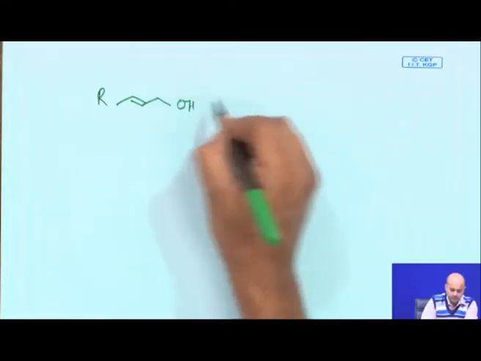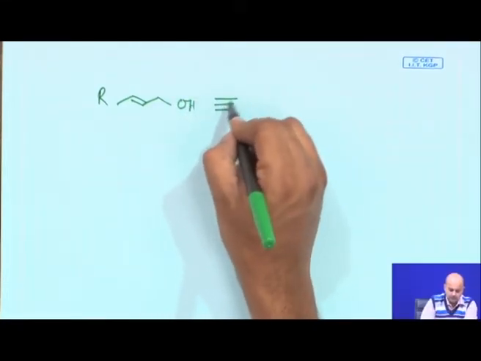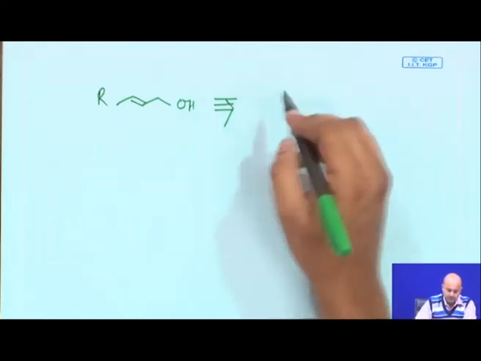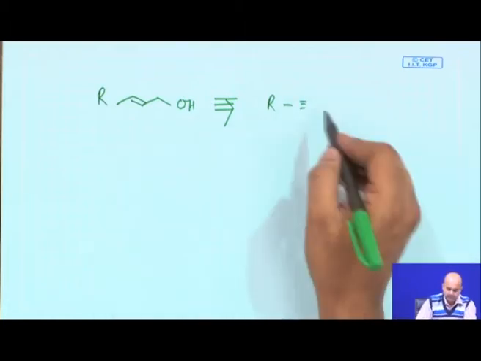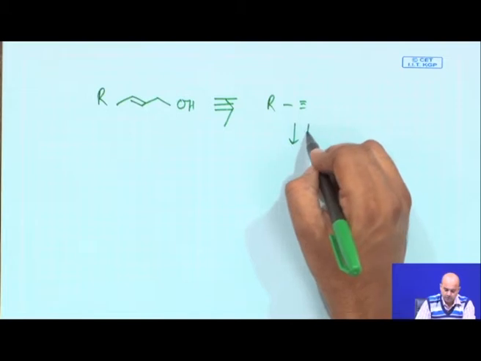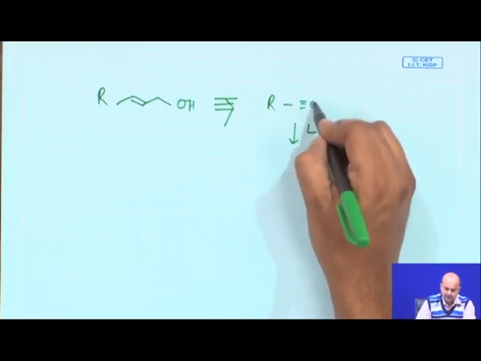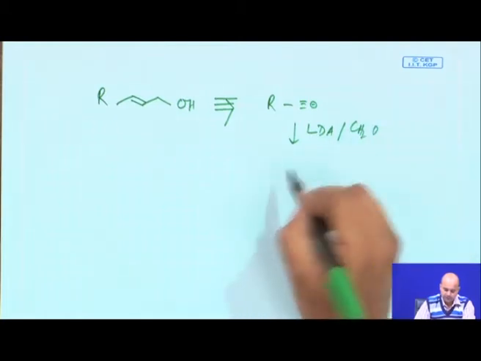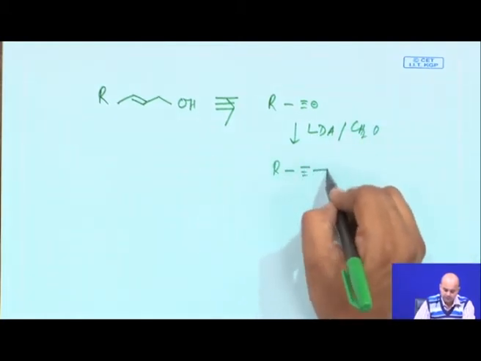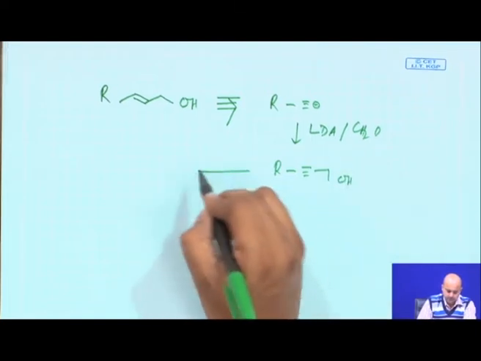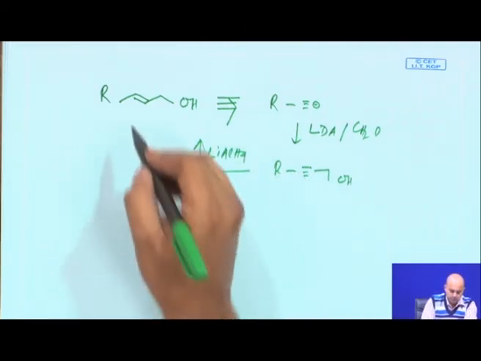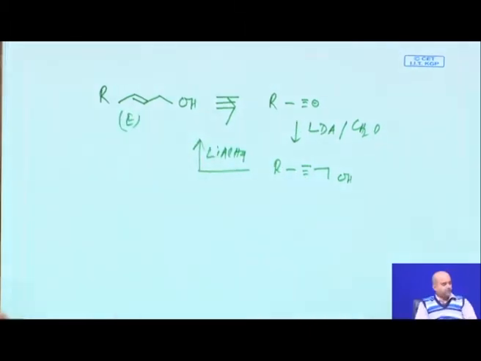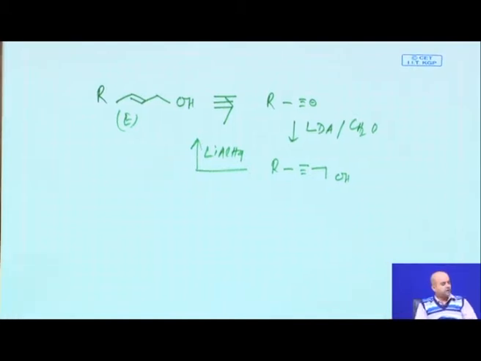If I give you a retrosynthesis something like this, asking how you can make this molecule, you can start with this triple bond, use a base to generate an acetylide and react with formaldehyde to get this propargylic alcohol. Now, this propargylic alcohol you react with lithium aluminum hydride to give you the E allylic alcohol, and this is a very simple and straightforward reaction which will solve your problem.